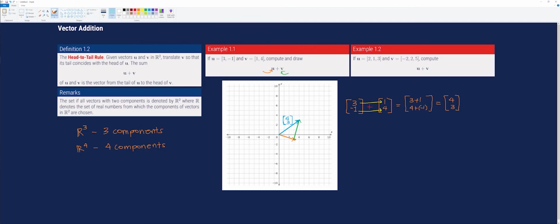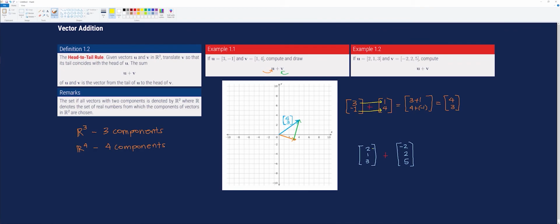To perform the operation, all we need to do is to convert the row vector to its equivalent column vector. So vector u will be equal to (2, 1, 3), whereas the column vector for v is (-2, 2, 5). To perform the operation, we will add the corresponding components.